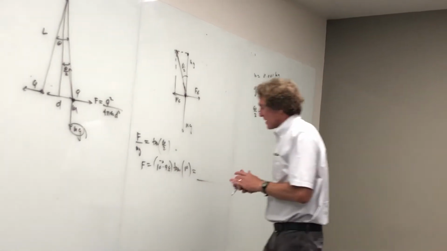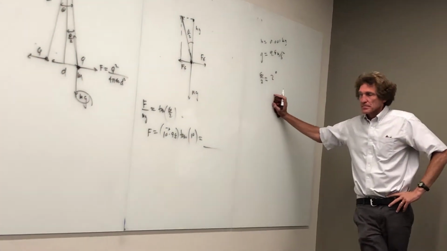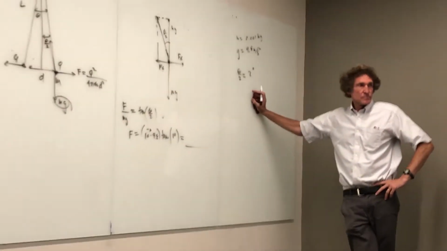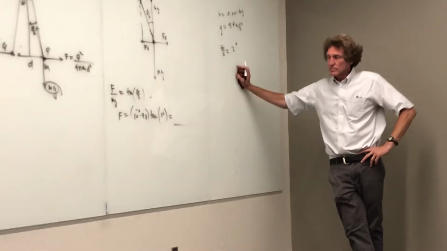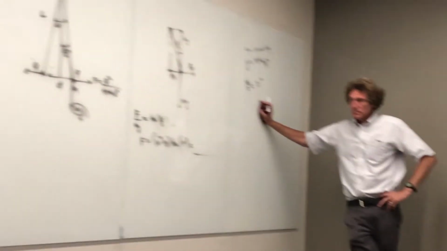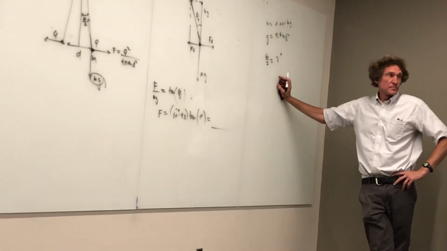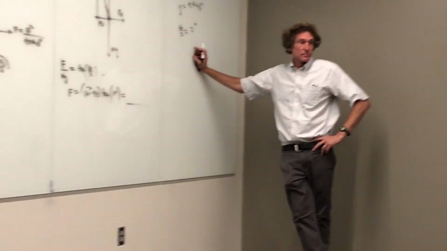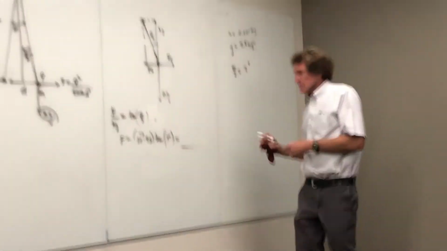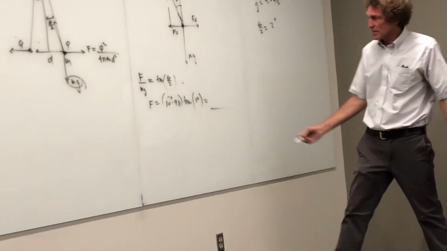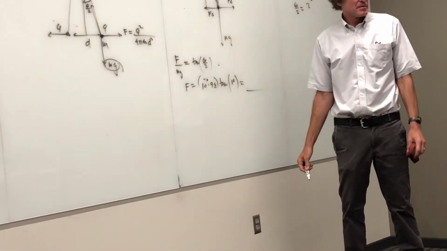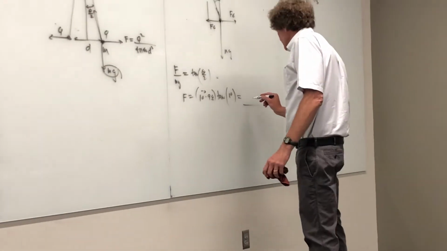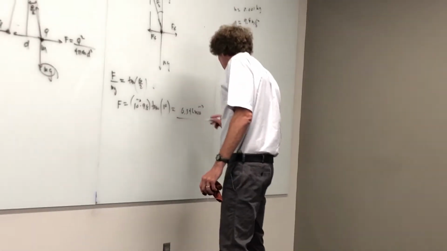And what is that going to be? 0.342, is that right? Sorry, yeah, 0.342 times 10 to the minus third, right?